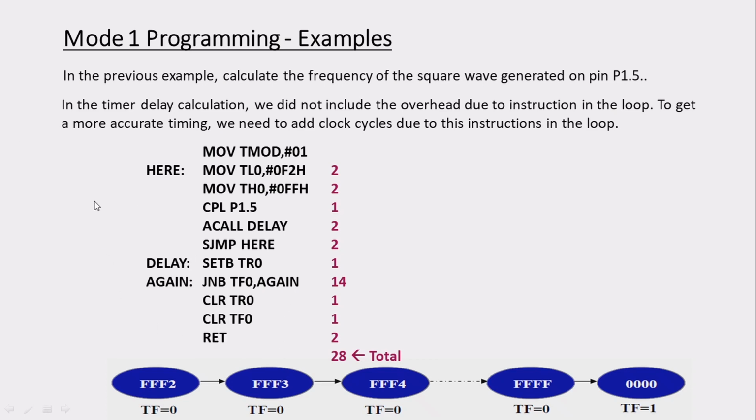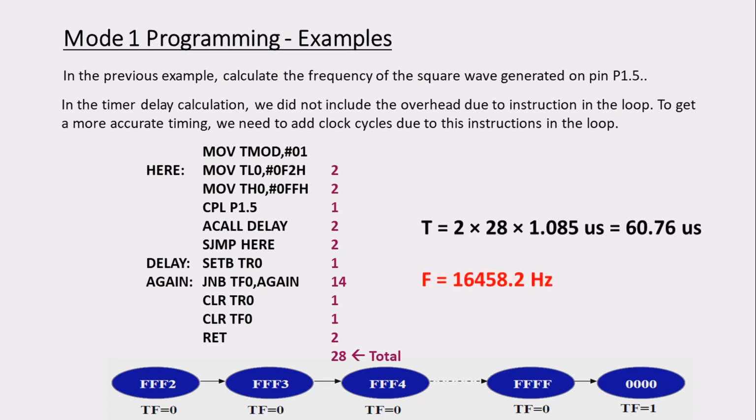After this it is going to go back to the start, and then again the values will be loaded. So the total number of clock cycles required is 28. One clock cycle time is how much? It is going to be 1.085.